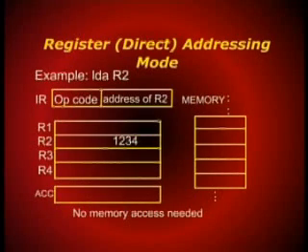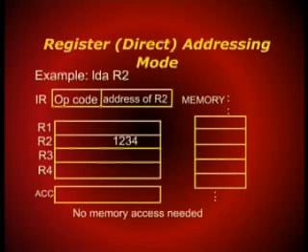The next example is the register direct addressing mode. In this example, we just write load A R2. Now, no memory location is involved. The data is available in one of the general purpose registers, in this example register R2.